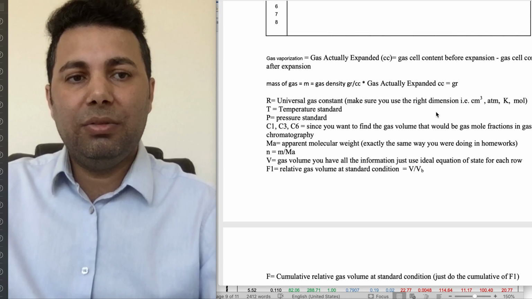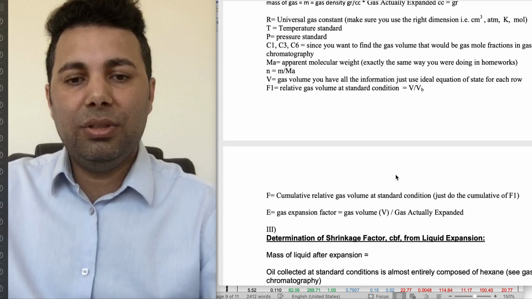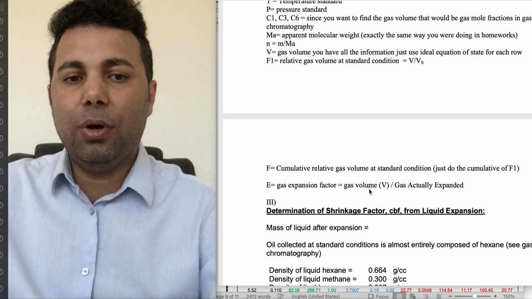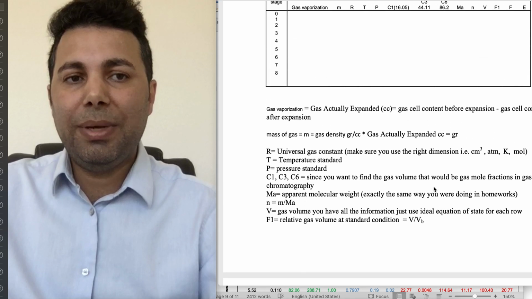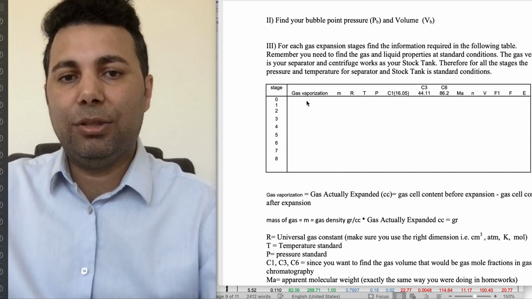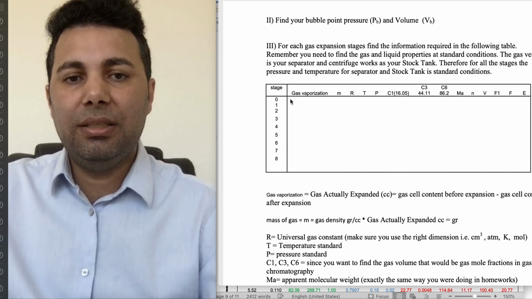So we have that column as well. And finally, to get E, the gas expansion factor, that's the gas volume at the standard condition divided by the volume of gas at the reservoir, the gas actually expanded. So E becomes V divided by the gas actually expanded.